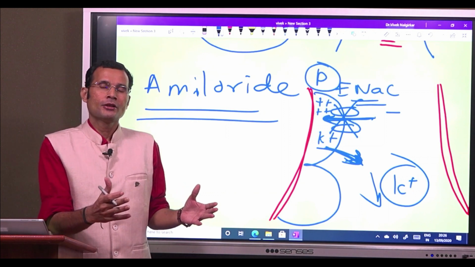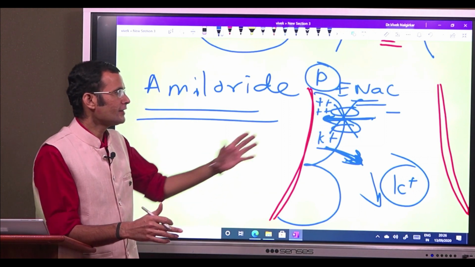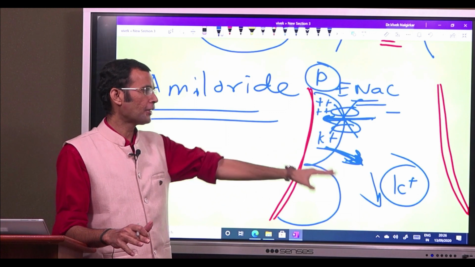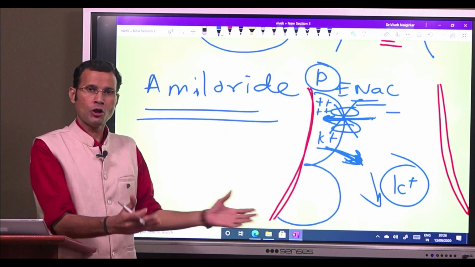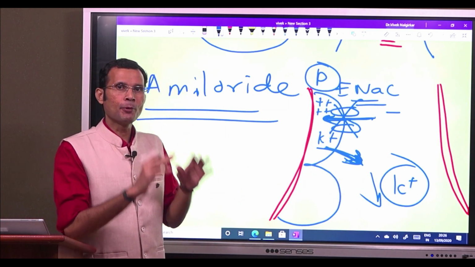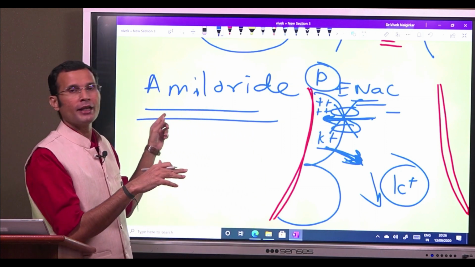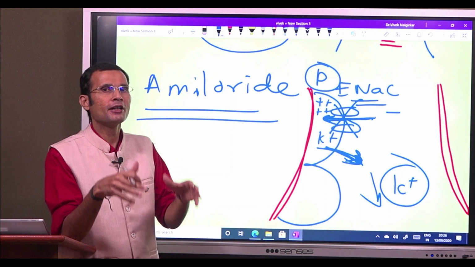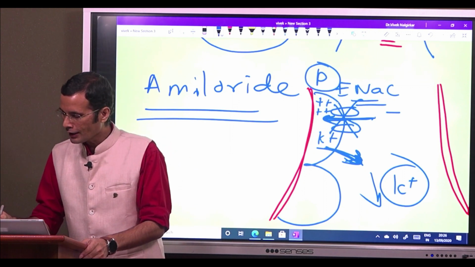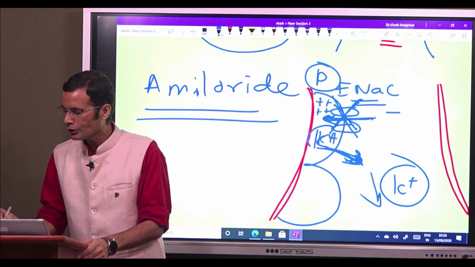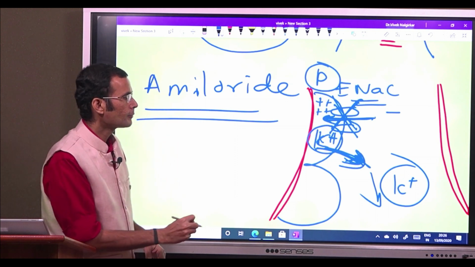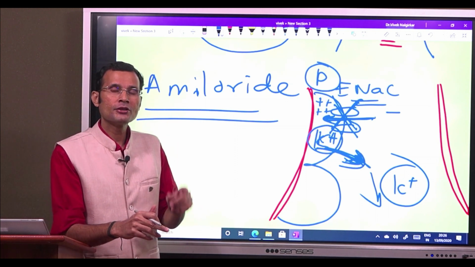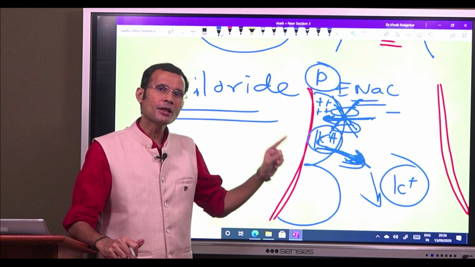But then, this cell is normally supposed to secrete and excrete potassium, even normally. If that gets blocked by amiloride or potassium-sparing diuretics, if they do not allow this potassium secretion even in normal amounts, then it will result in hyperkalemia.